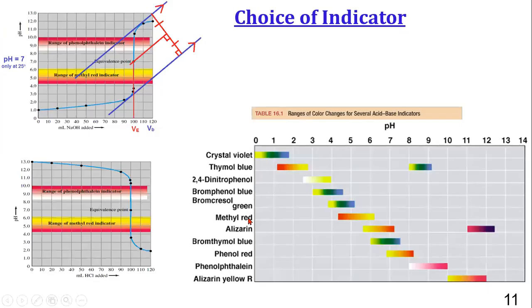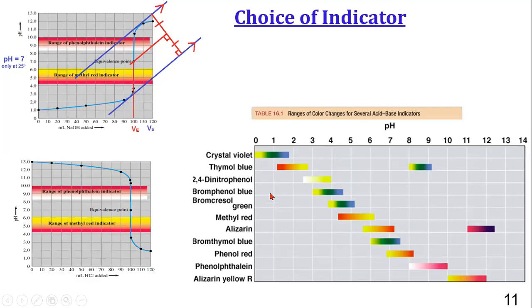If we look at this titration of a strong base with the titrant being the acid, we also see that the indicators used are possibly phenolphthalein and phenol red. Now, what about this idea of indicators used?